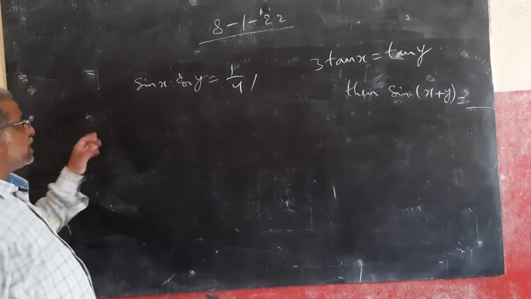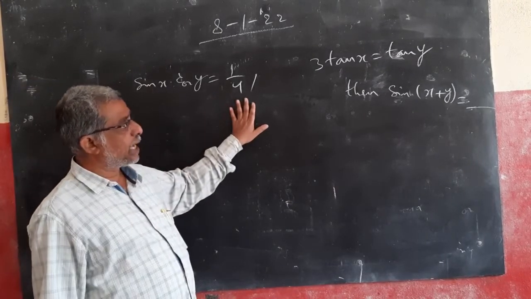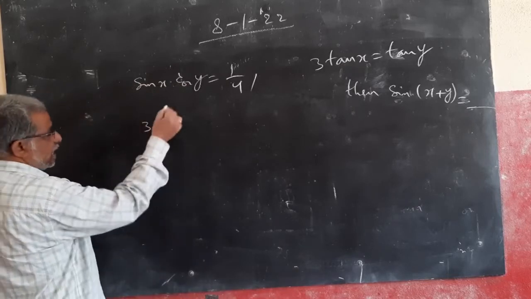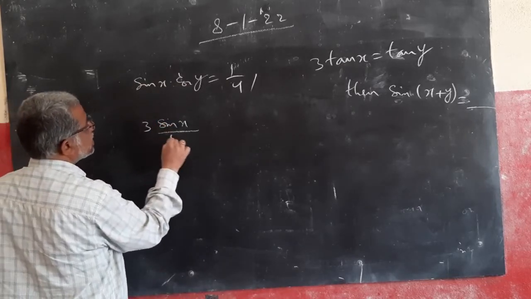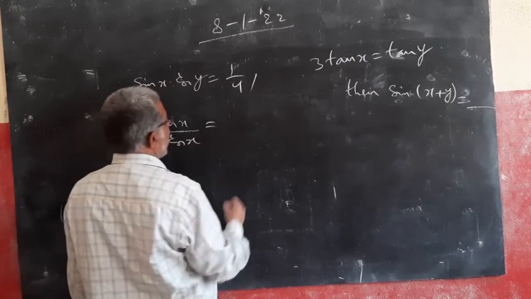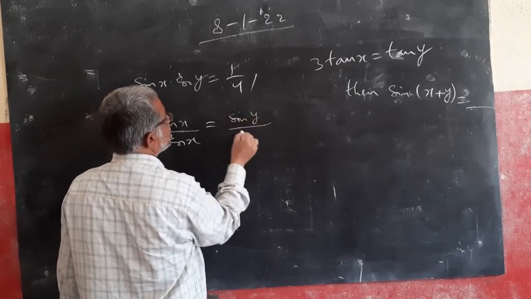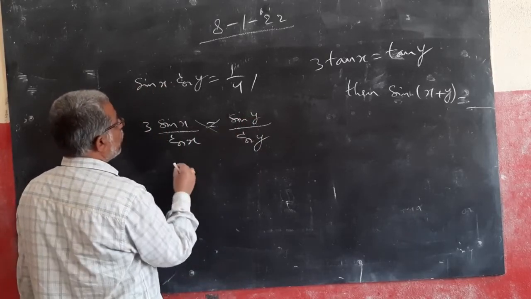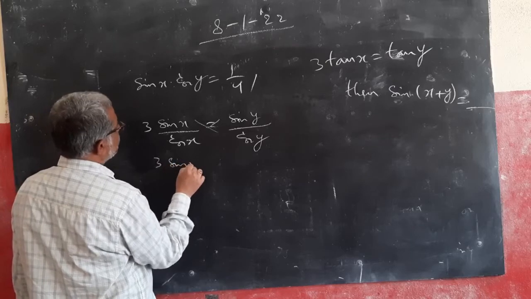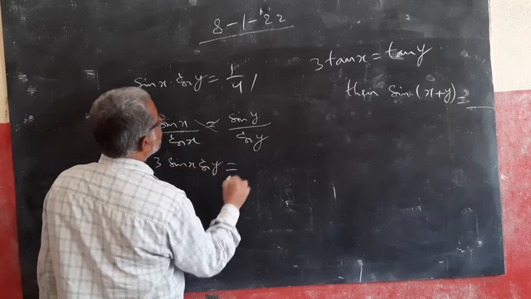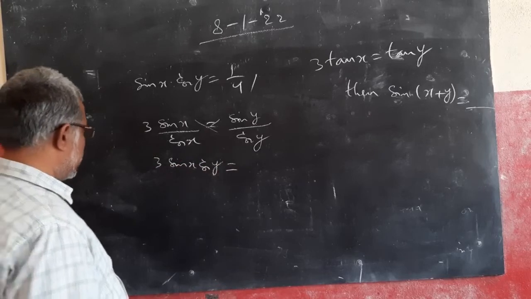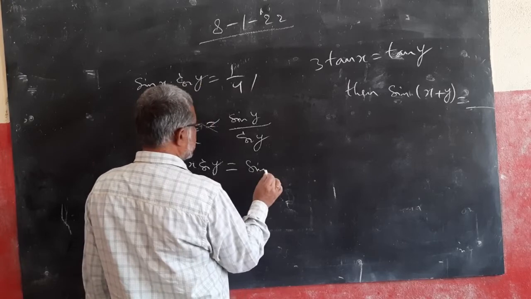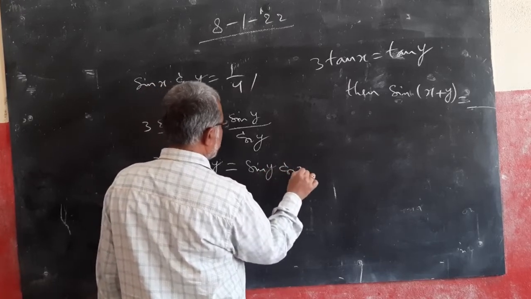Now what he is giving is sin x into cos y equal to 1 by 4, and from here he is giving 3 tan x equal to tan y. So tan x I will write as sin x by cos x, and tan y is sin y by cos y, and if I cross multiply, what do I get? 3 sin x into cos y equal to sin y into cos x.